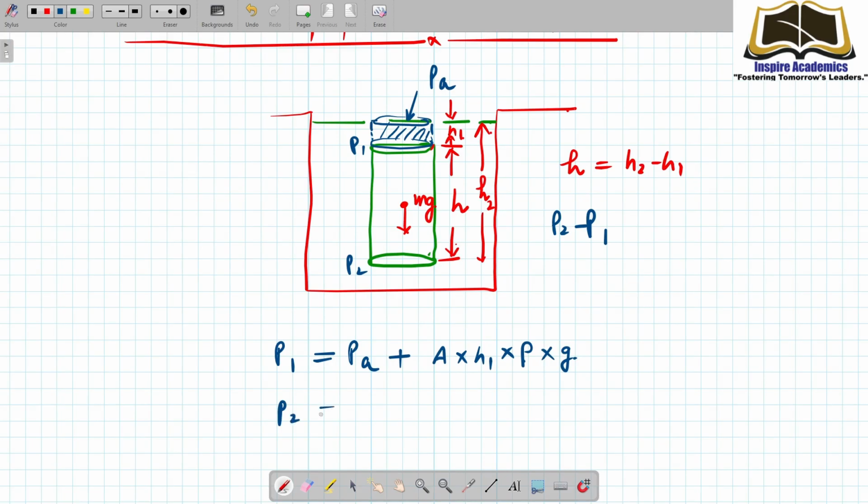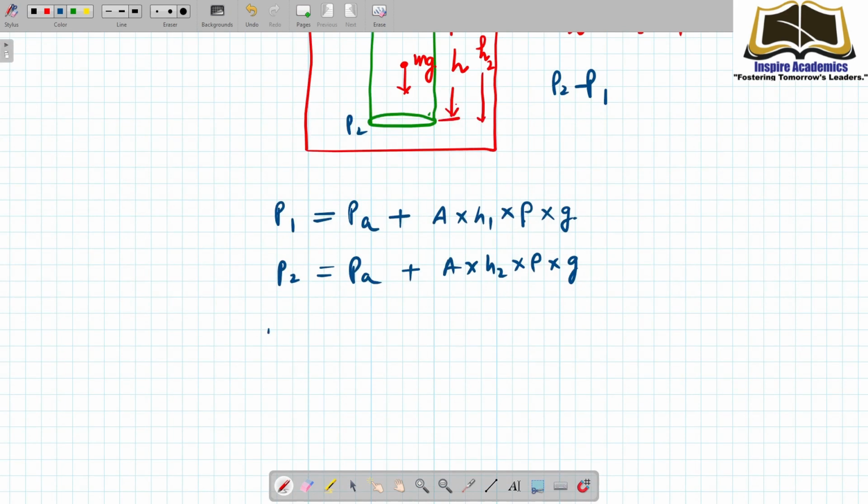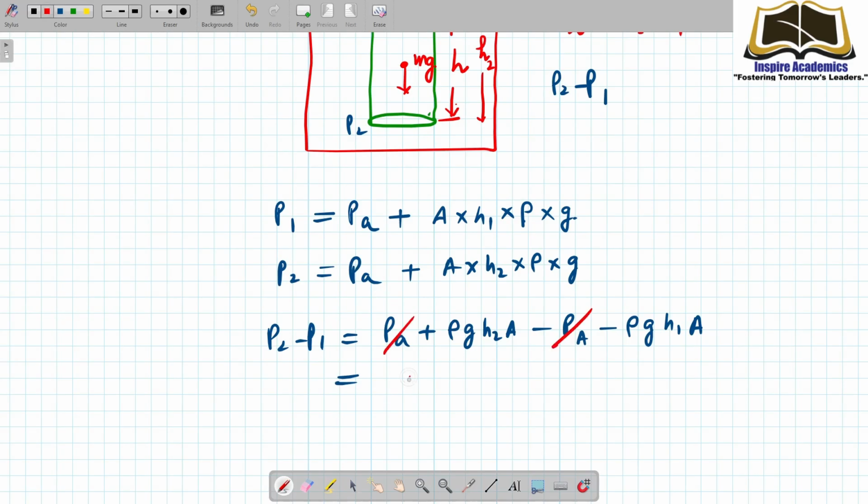Similarly, what will be P2? P2 will be PA plus A times H2 times rho times g, and the pressure difference, as we said, P2 minus P1 would be PA plus rho g H2 A minus PA minus rho g H1 A. So we can cancel PA and we say rho g A times H2 minus H1. Okay.